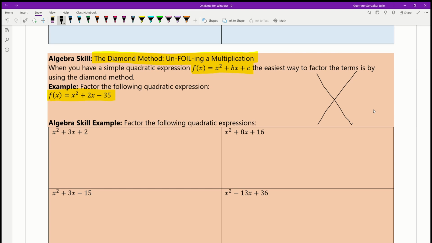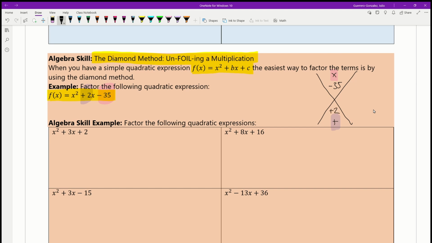All right, I'm going to do this. This is going to be my times. This is going to be my plus. The times has to be equal to my negative 35, and my plus has to be equal to 2. So, negative 35 and 2.